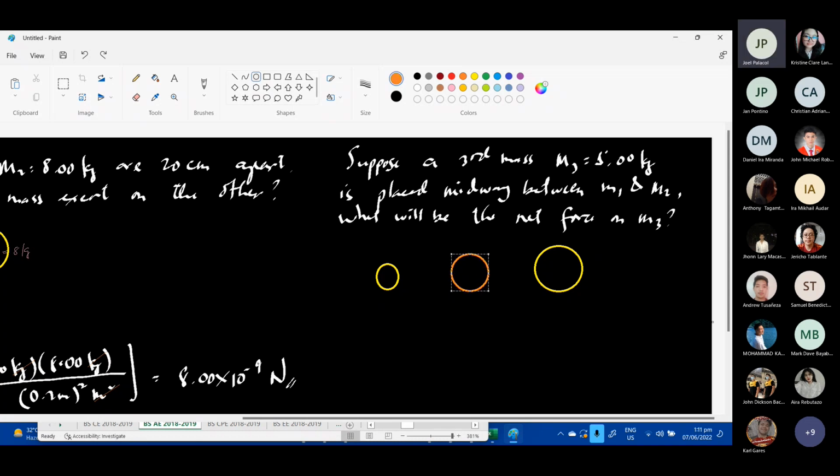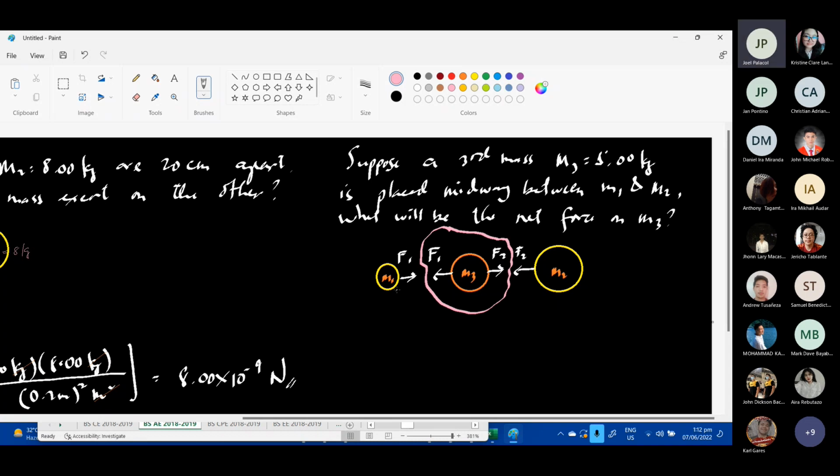Okay. That's the third mass. M1, M3, M2. Between M1 and M3, you have that force F1. Between M2 and M3, you have that force F2. So there are two forces acting on M3. The one exerted by M1 and the other exerted by M2. So to find the net force on M3 is to get the resultant force of F1 and F2.